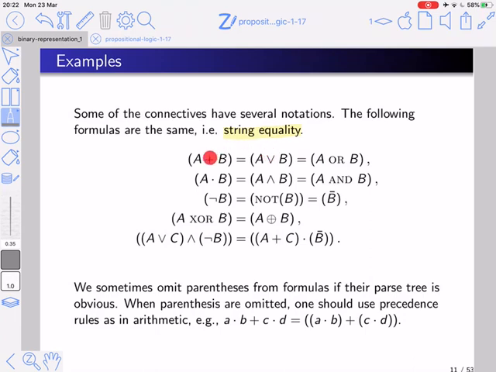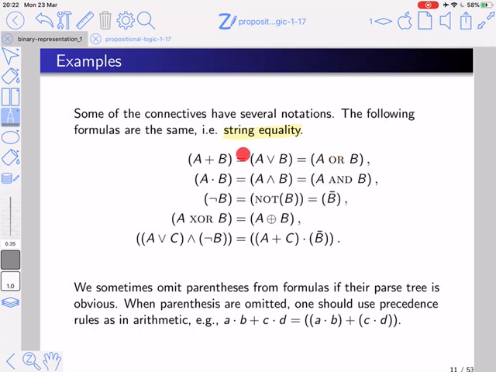We regard them as equal symbols. Therefore, the Boolean formula open parentheses a plus b close parentheses is the same formula as the formula open parentheses a v b close parentheses, which is the same formula as open parentheses a or b close parentheses.